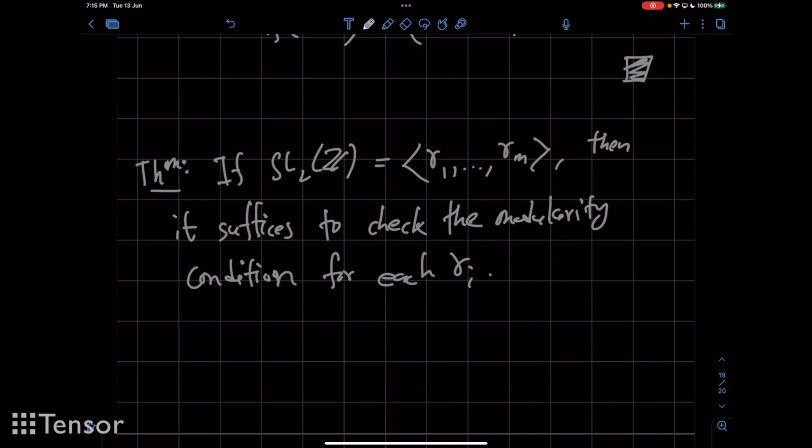If F satisfies the modularity condition for all the gamma i's, then F satisfies the modularity condition for their inverses as well. And we can take the products.